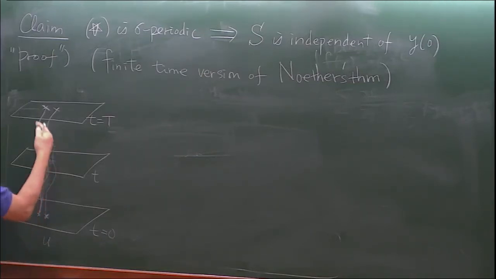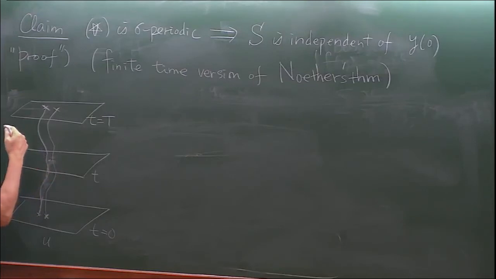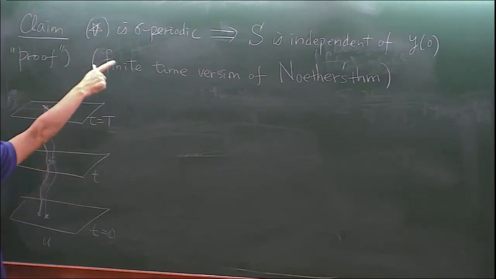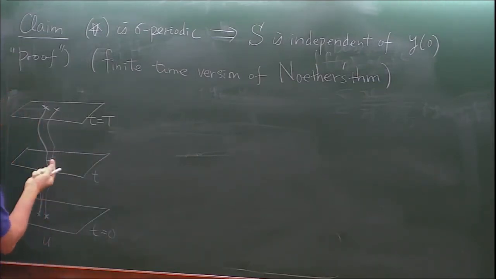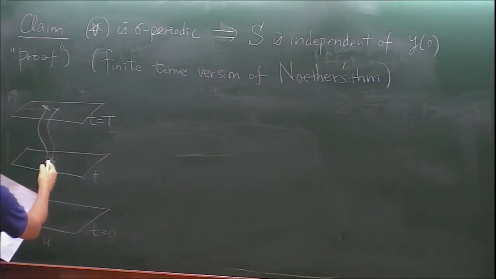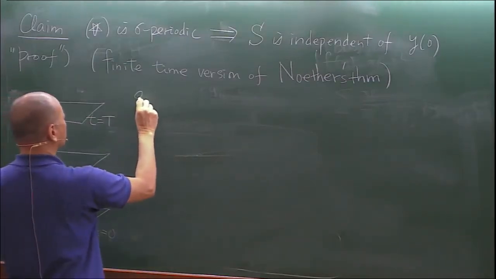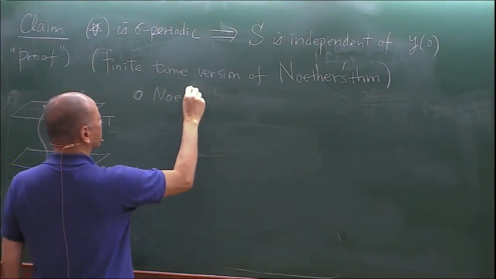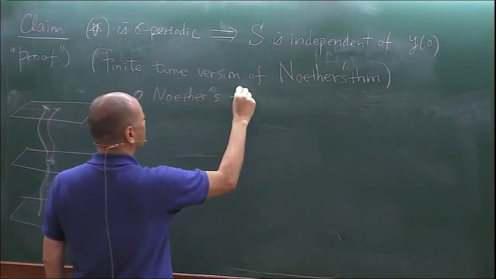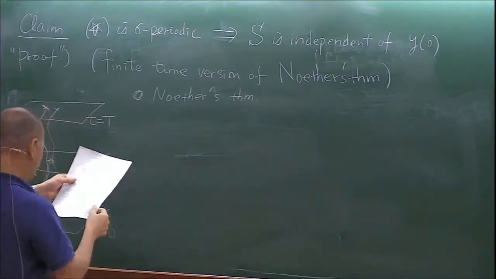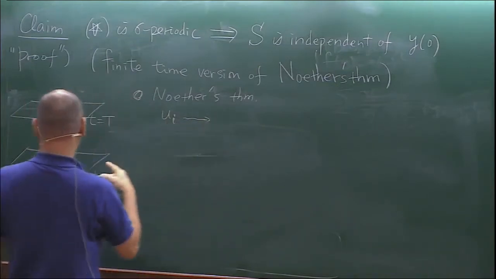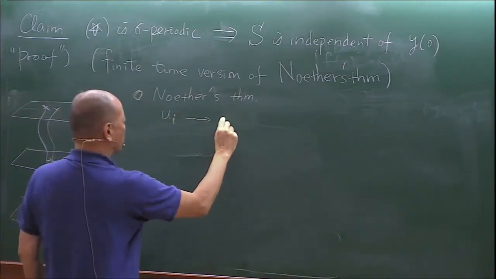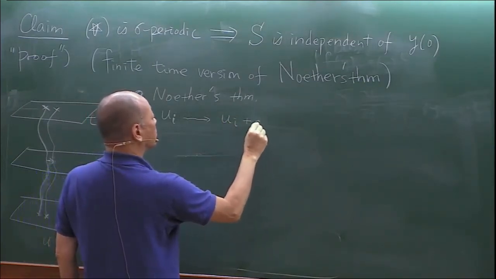We want to calculate the difference of the action along two contours, and we want to say that the difference is zero. That is this statement, right? To do that, we usually consider a very small change of contour and how your Lagrangian changes. In fact, part of it gives you Noether's theorem. So we start from Noether's theorem. Recall how this can be derived in a very concise way. Suppose for simplicity that only the variable u_i is shifted by something.